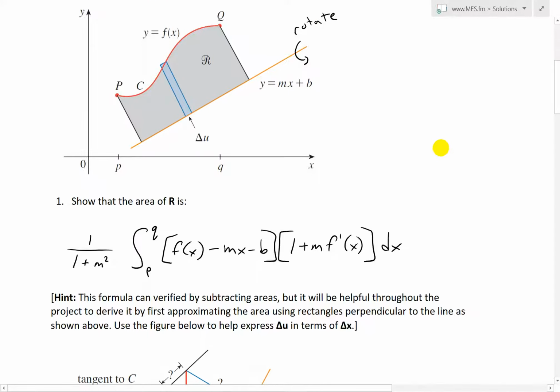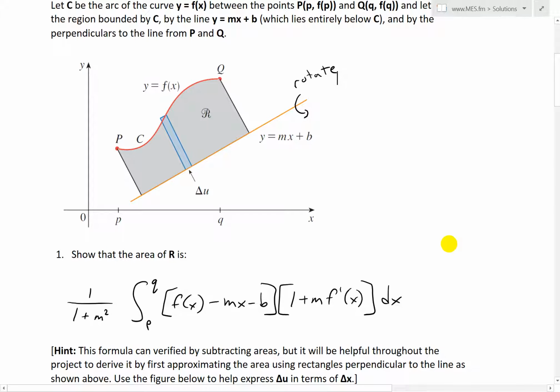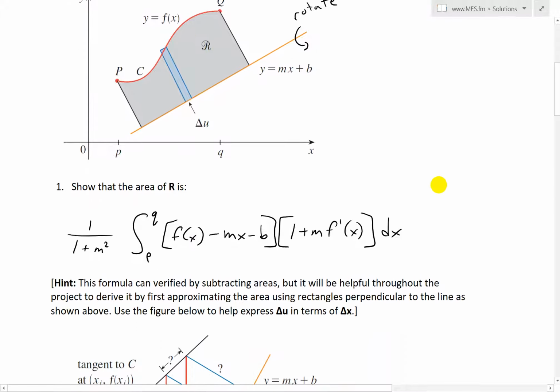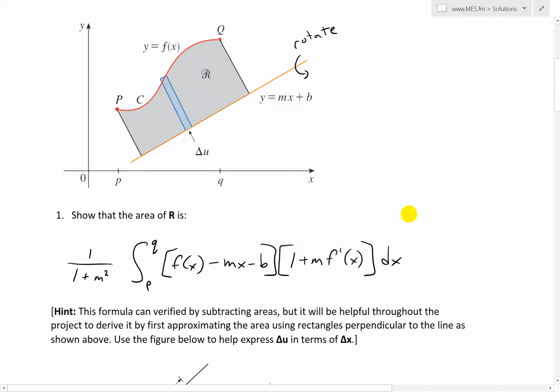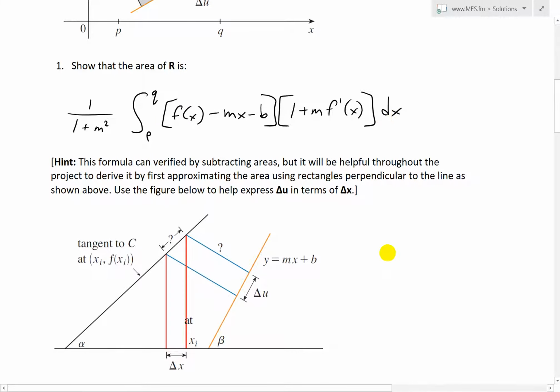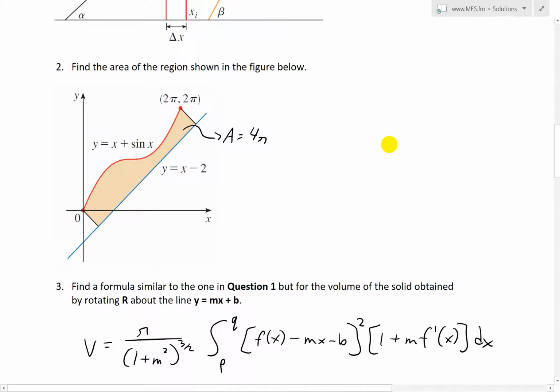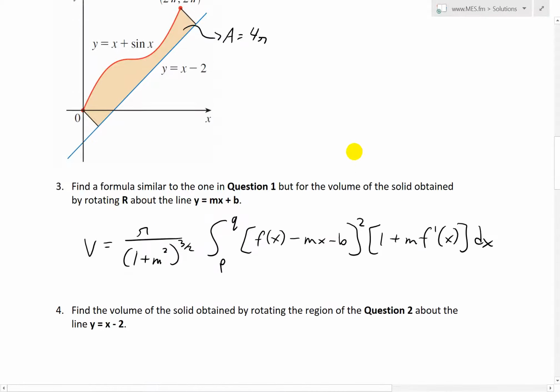Now just to recap on the previous questions. In question 1, I showed the area of this region right here for a general function and a general line y equals mx plus b, a slanted line, and I showed that it equals this. So again, make sure to watch those earlier videos. In question 2, I used an example with a specific function and a specific line, using that formula.